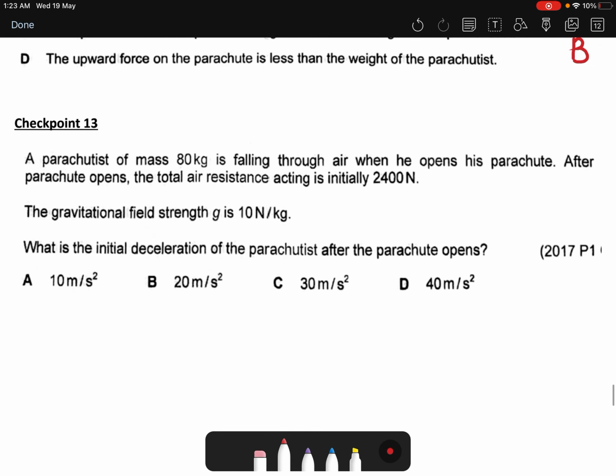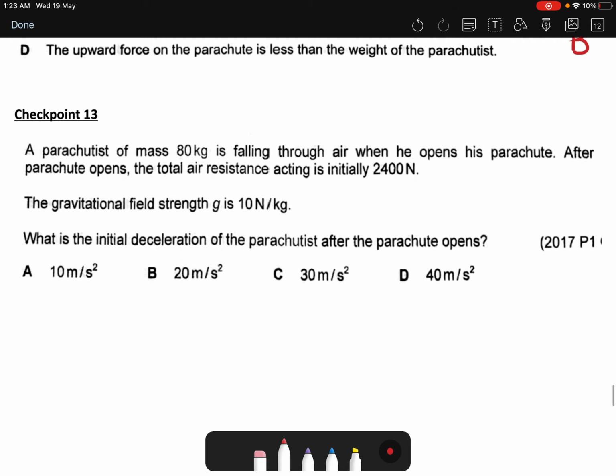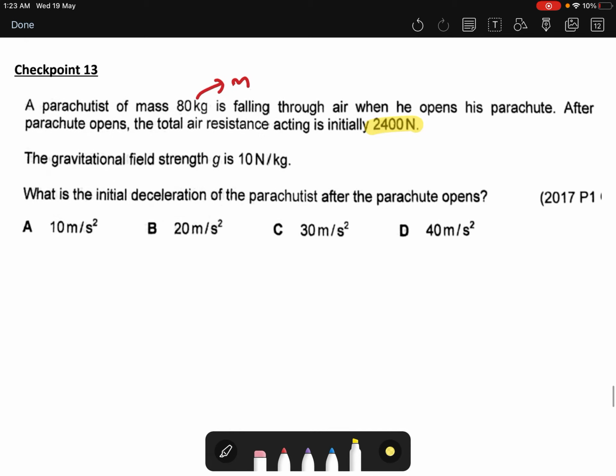Okay, checkpoint 13. A parachutist of 80 kg is falling through air. When he opens his parachute, the total air resistance is initially 2400 Newton. So now they give us some values to play with. This is the person, with weight 800 Newton.